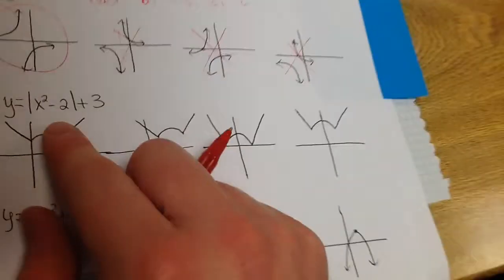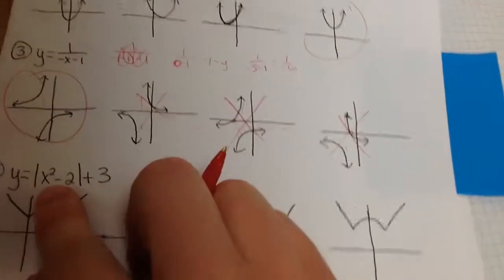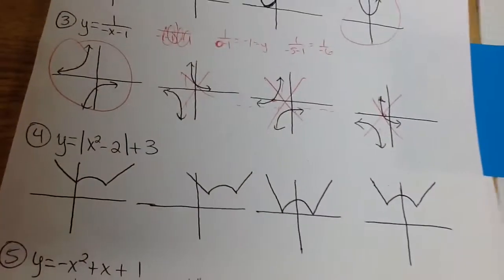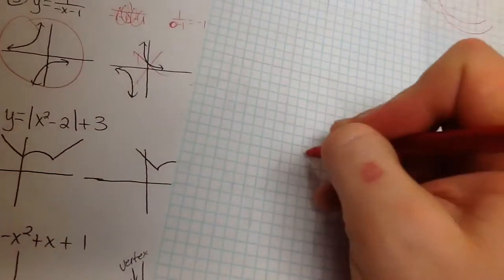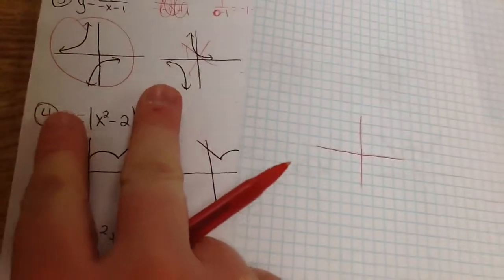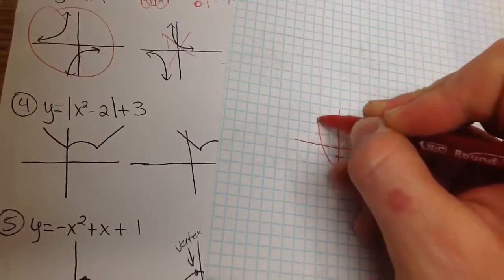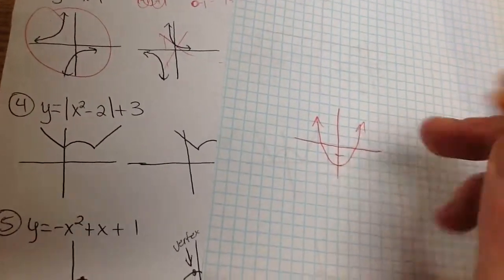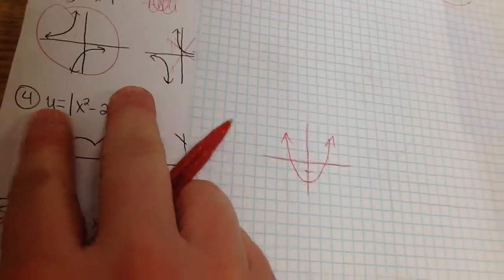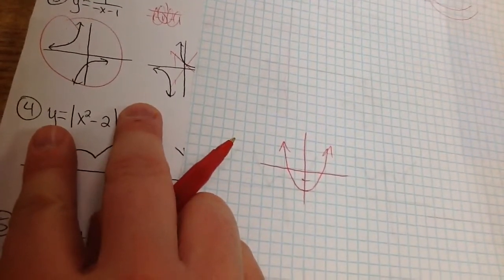That one was new. That's on a previous video. Graph the inside first. I think I'll definitely put one of these on there just for fun, make you do it. So if you just graph x squared minus 2, you should know that's just a parabola shifted down 2. And then if I do the absolute value of that, absolute value just means everything has to be positive.